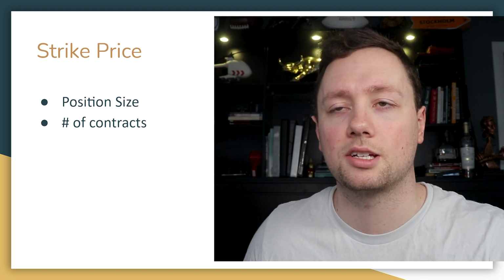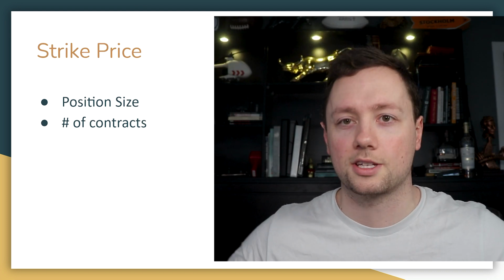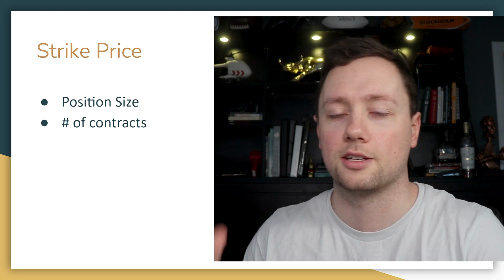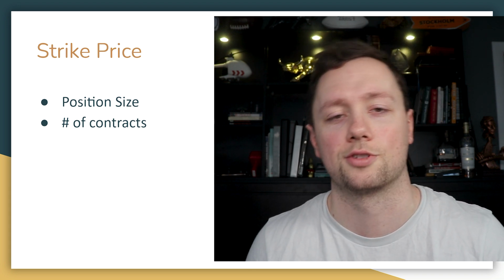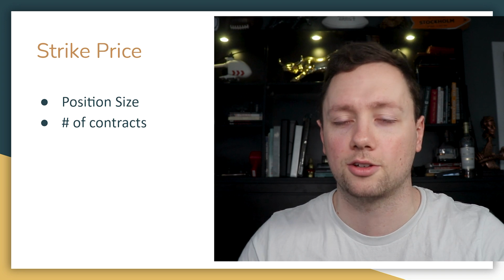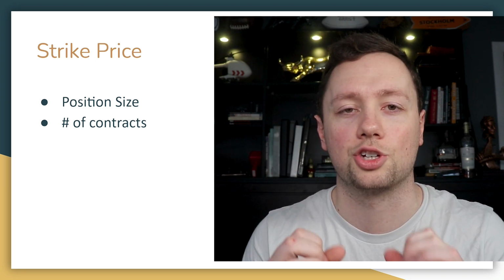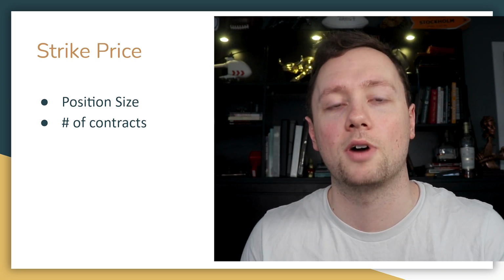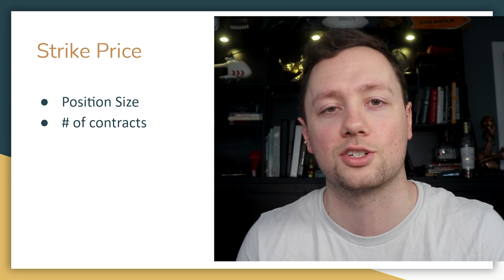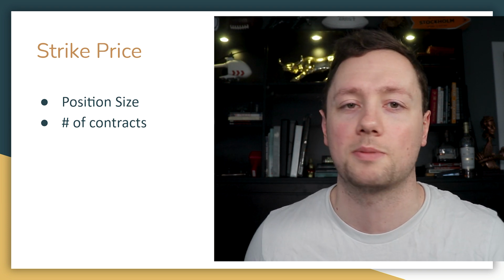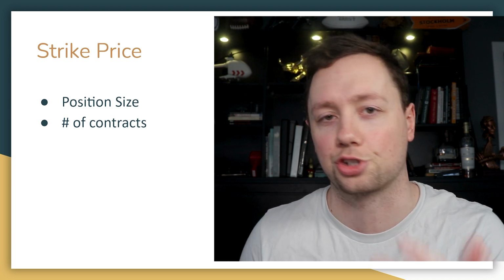Now the next factor you need to consider is your strike price. Once you've decided your expiration, you go through the list and you say, okay, here are the strike prices that I can choose. The main factor that makes up 80% of your decision should be your position size. How much can you actually afford to put into this stock? Some of these options get really expensive, especially if you're looking at Amazon or Shopify.